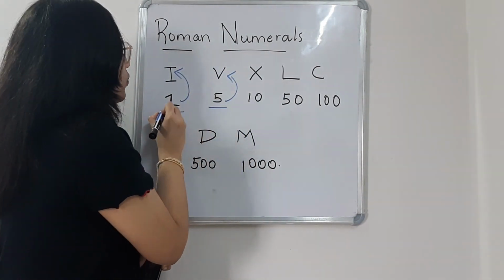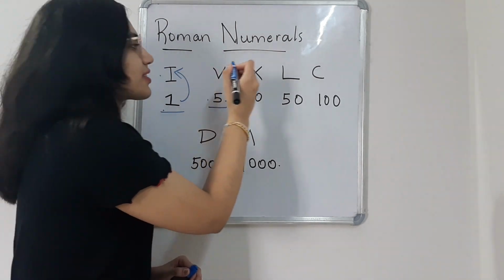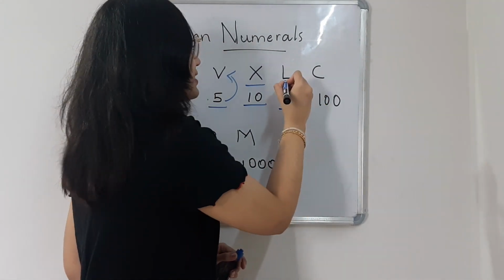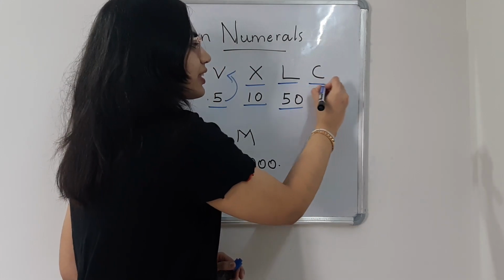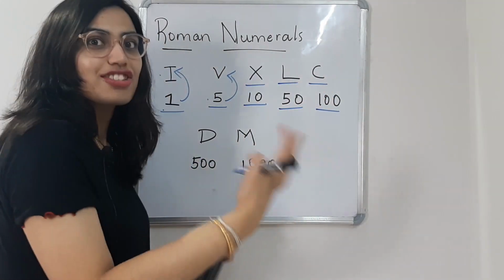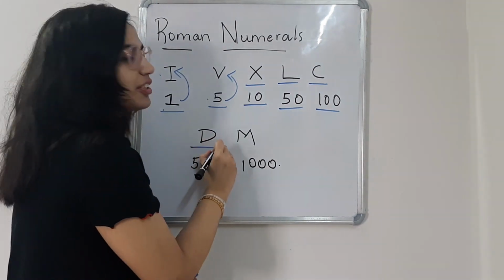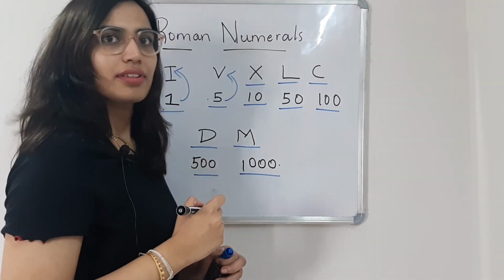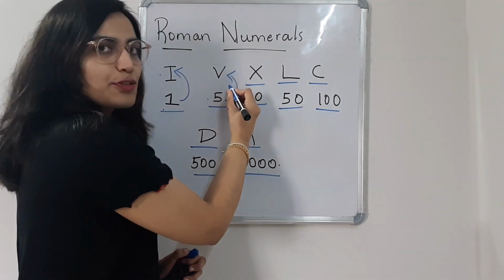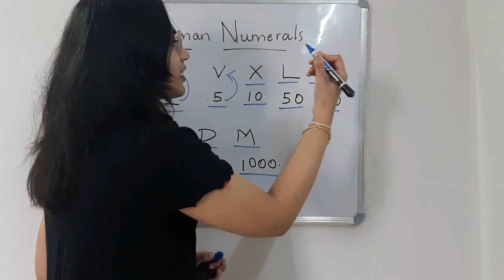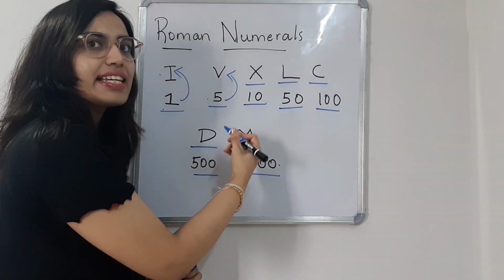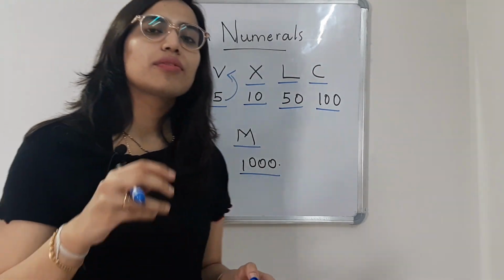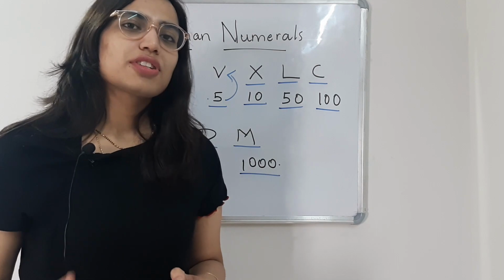So in Roman numerals, 1 is I, 5 is V, 10 is X, 50 is L, 100 is C, remember 100 as century, 500 is D and 1000 is M.